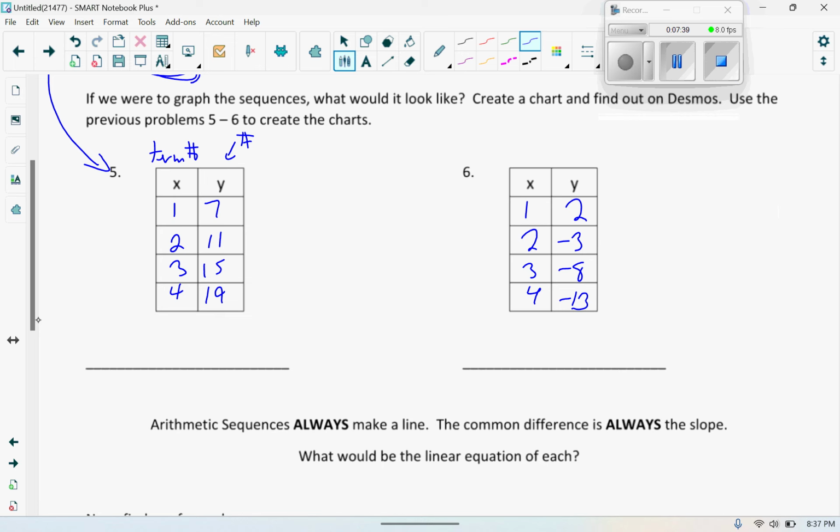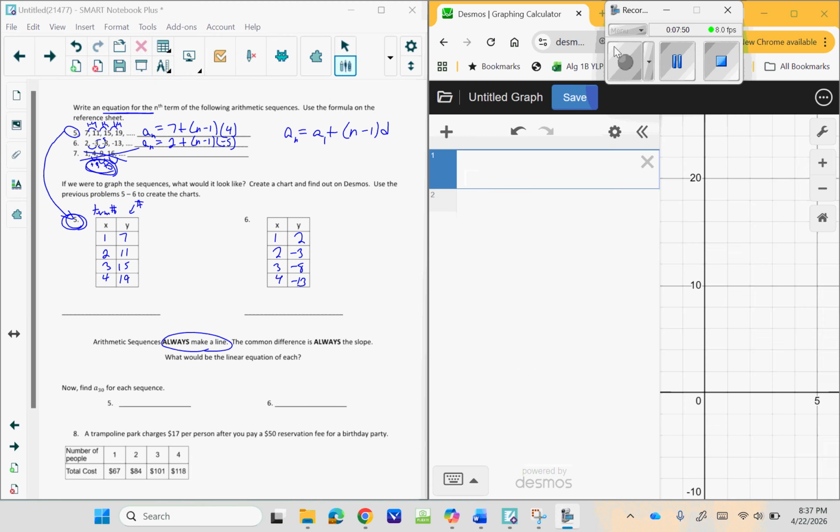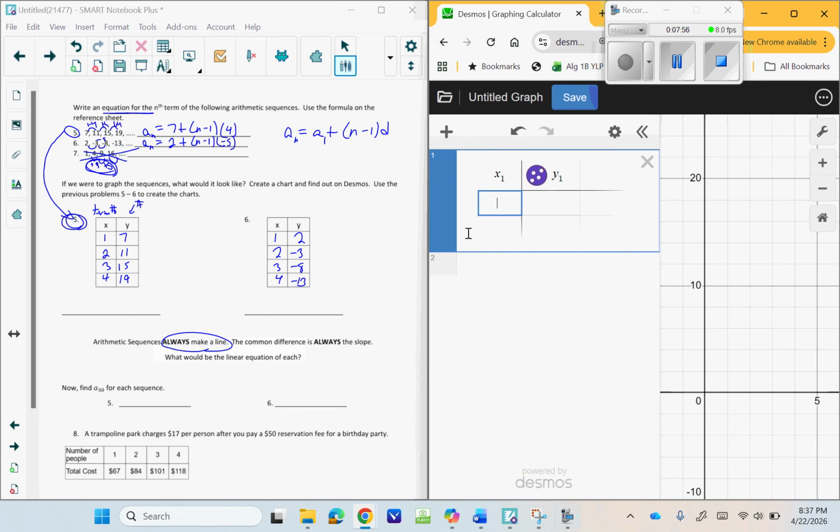Arithmetic sequences always make a line. So we're going to see this here in just a second. I'm going to type in problem number 5, and I'm going to show you on Desmos what that looks like. To replicate this on Desmos, I'm going to go to table, and I'm just going to put those in.